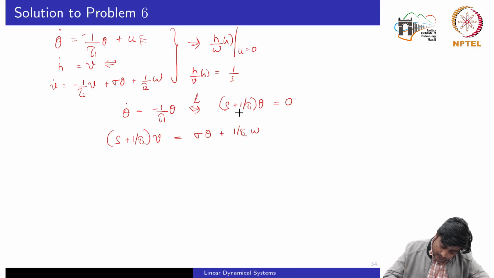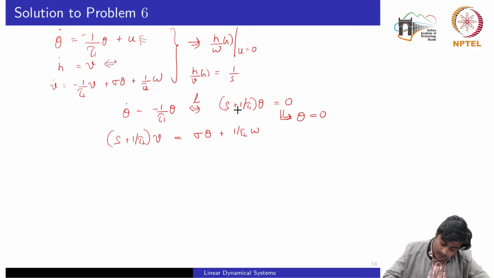Now we notice that s plus 1 by tau 1 into theta is equal to 0. So there could be two outcomes from here. If this tau 1 is positive, then I can say that theta would definitely be equal to 0.